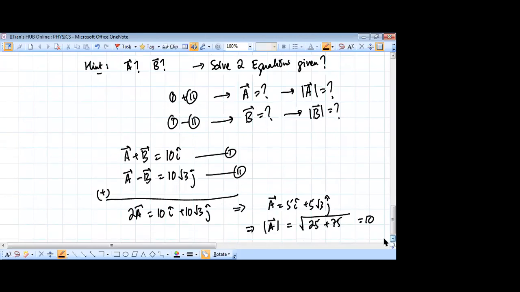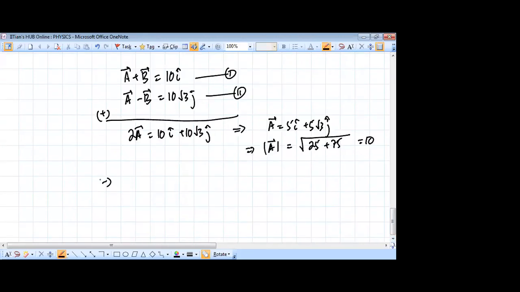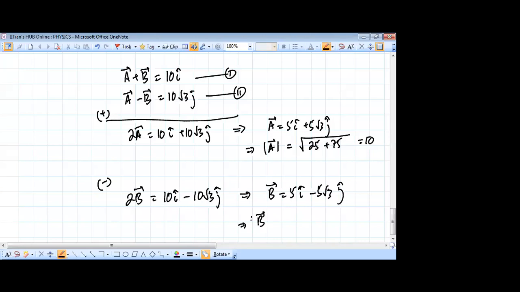Yeah, Dushant, it's correct. Whereas if you subtract the two equations, equation 1 minus 2, you will get 2B is equal to 10 i cap minus 10 root 3 j cap. So you'll get vector B as 5 i cap minus 5 root 3 j cap. But that again means its magnitude is the same. It's 10. So these are the magnitudes of A and B.